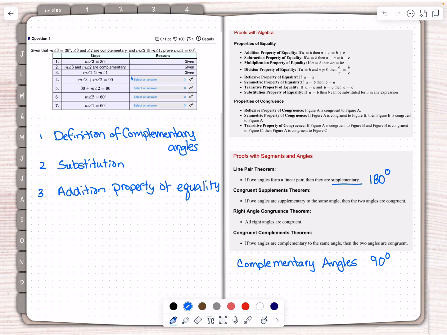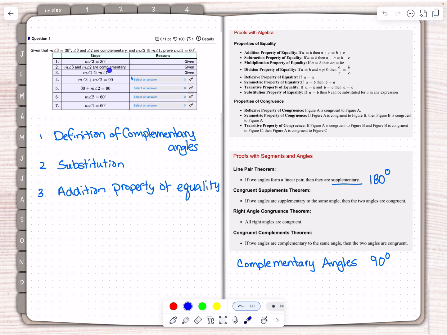Okay, and then our very last thing. Now we have the measure of angle 2 equals 60. So what has happened here? We have the 60 degrees on the right-hand side. Now we have just changed the measure of angle 2 to the measure of angle 1.